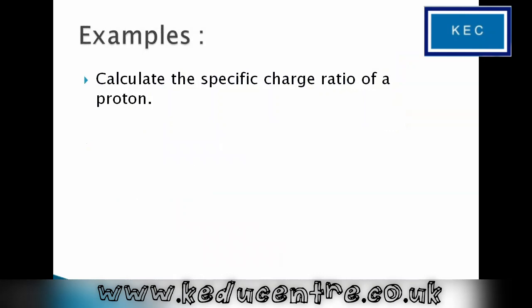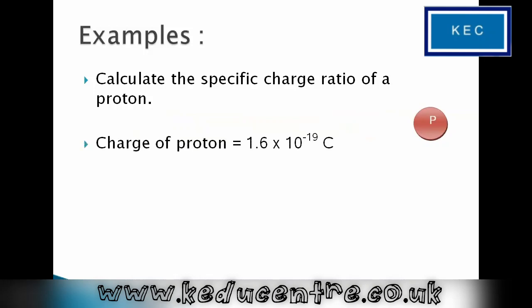Now, let's see some examples. For example, if we want to calculate the specific charge of a proton, we have to understand what the charge of a proton is and what the mass of the proton is. We know that the charge of a proton is 1.6 into 10 to the power of minus 19 coulombs, whereas the mass of the proton is 1.6 into 10 to the power of minus 27 kilograms.